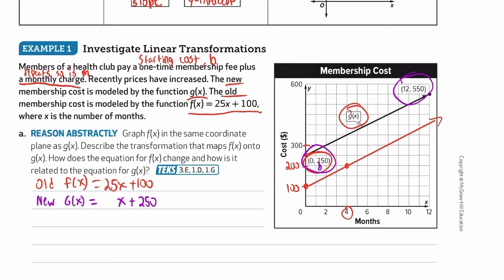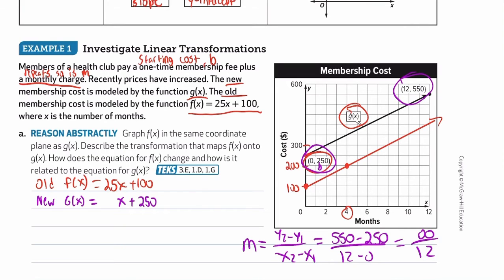So we'll do y2 minus y1 over x2 minus x1 to see 550 minus 250 over 12 minus 0. The bottom doesn't change. The top, the 50s will balance out, and we'll be left with 300 over 12.